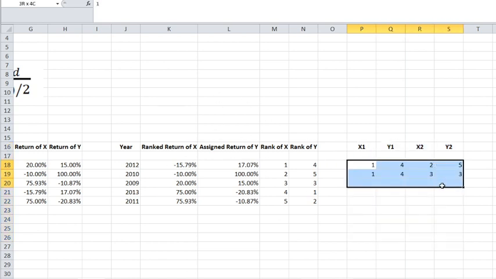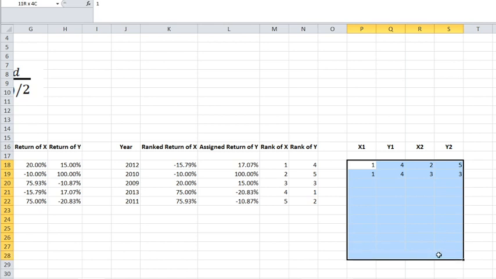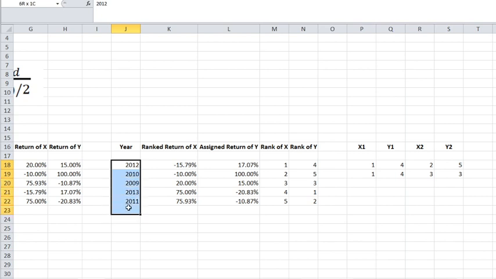So we're merely listing 10 different pairs of observations. They do not correspond to the years you see on the left here. So 1, 4 needs to be paired with 4, 1. 1, 4 needs to be paired with 5, 2.